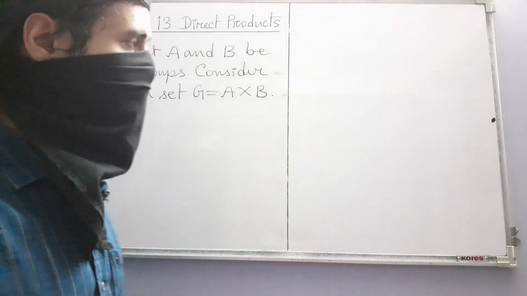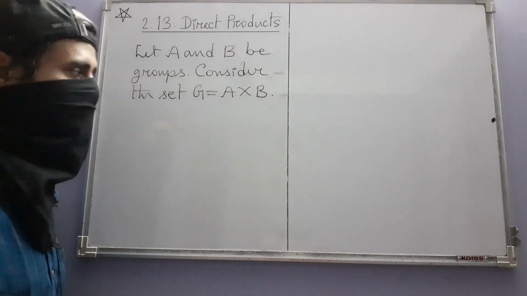And why is that so? Because A and B themselves are groups.